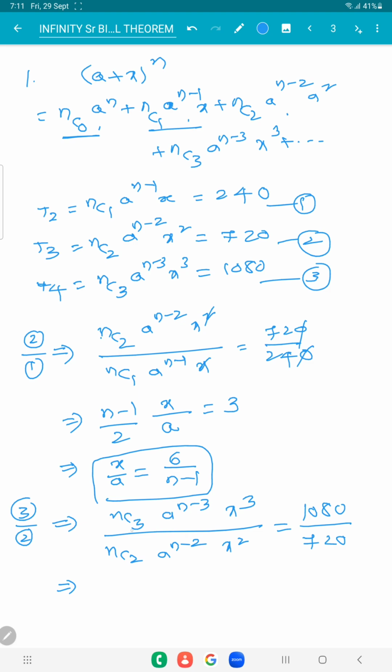The same formula should be applied for these two, nc3 by nc2. n minus smaller number by bigger number, that is x by a is equal to... which table can be cancelled here? Let us take the 24 table again. 24 is 3 times, 24 3, sir.